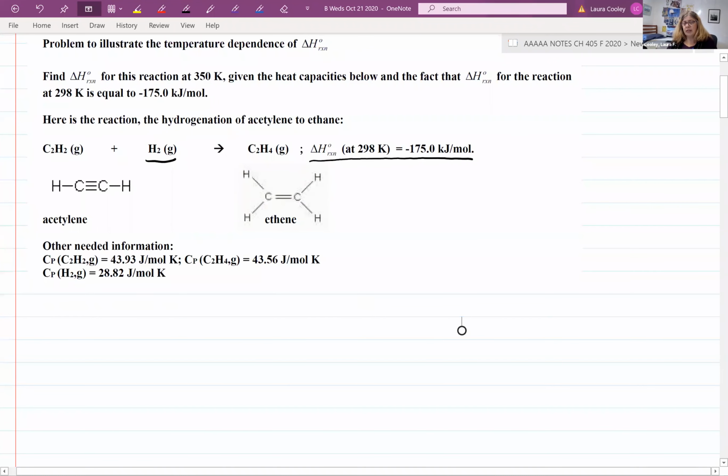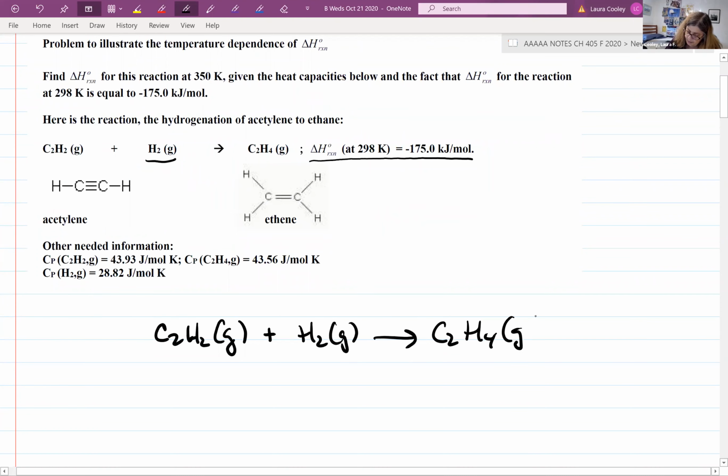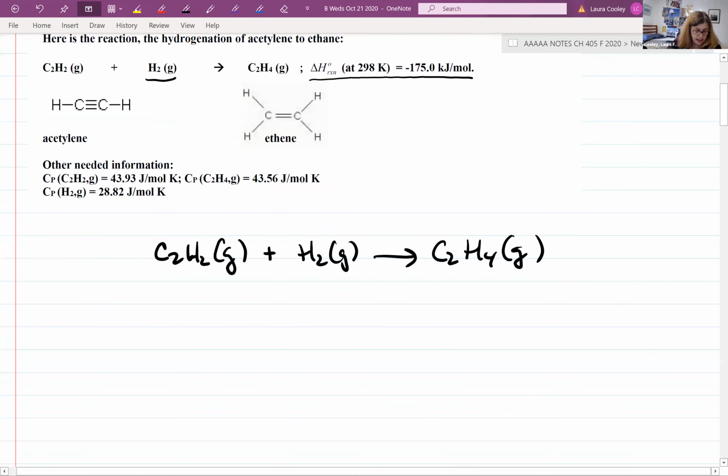So what I'm going to do, and I don't have to do this in the lab, I just have to do it on paper, is write down my reaction. Here are my reactants, there are my products. And what I would like is the delta H0 for this reaction at 350 Kelvin.